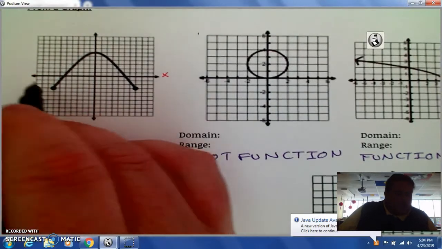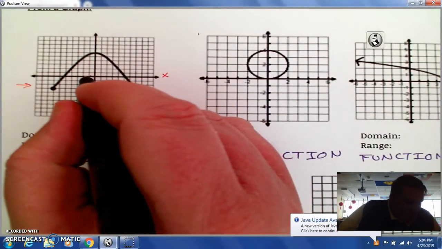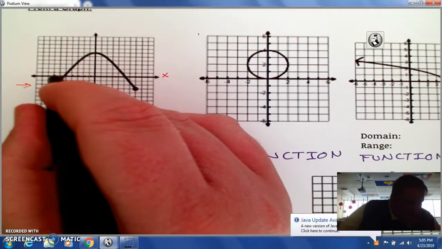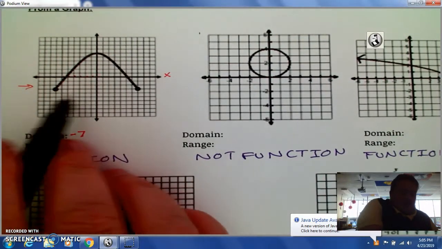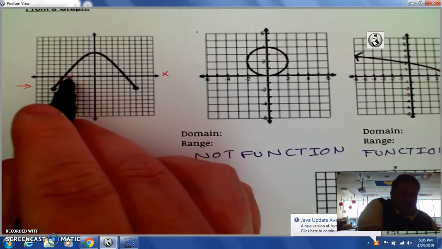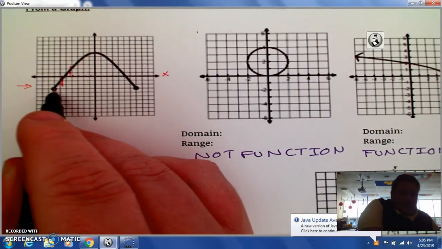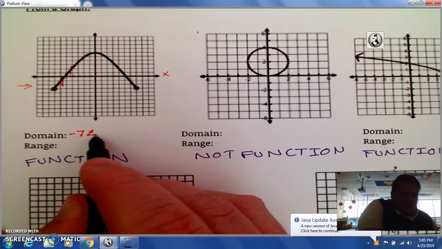So, coming from the left side, the first number that I hit is negative 1, 2, 3, 4, 5, 6, 7. So, negative 7, okay? And your domain is bigger than negative 7, because negative 6, negative 5, negative 4, negative 3. So it includes, because the closed dot means it includes it, okay?